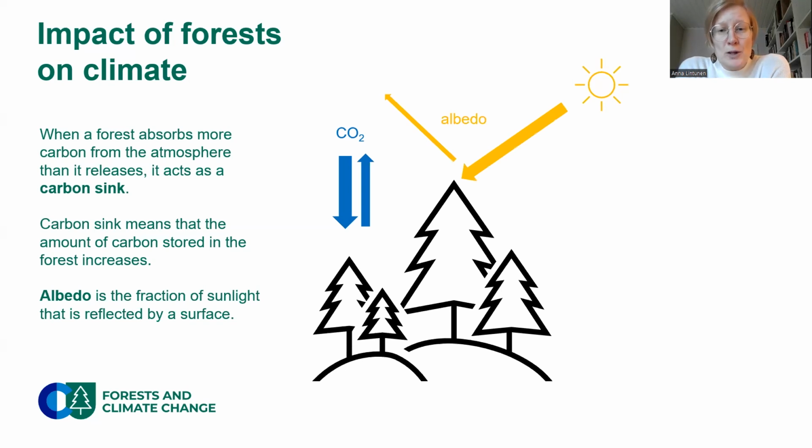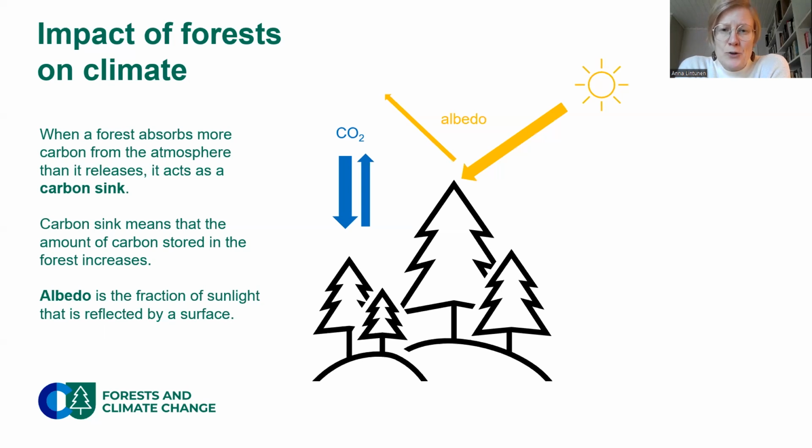Then is the albedo impact. So albedo is the fraction of sunlight that is reflected by a surface. And as forest is quite a dark surface in the summertime, especially when compared to, let's say, an open field or grassland.